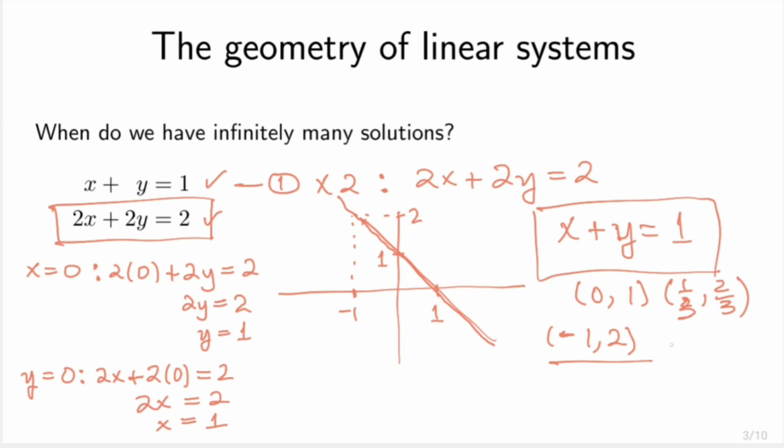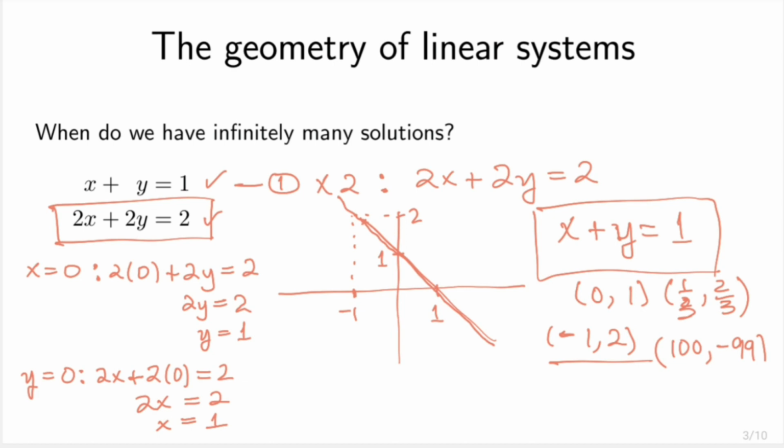Any two numbers which you can add to get 1 will be a solution. So 100 and -99 is a solution. So we have infinitely many solutions. We simply cannot count how many solutions there are. So this idea in two dimensions, when we have two unknowns, we have a situation where we have infinitely many solutions.